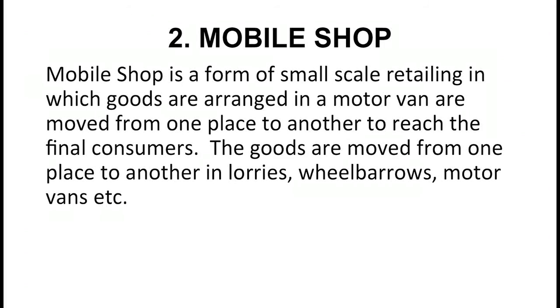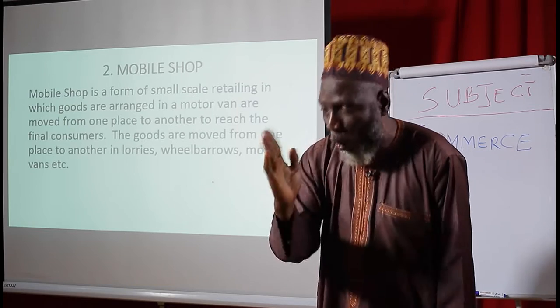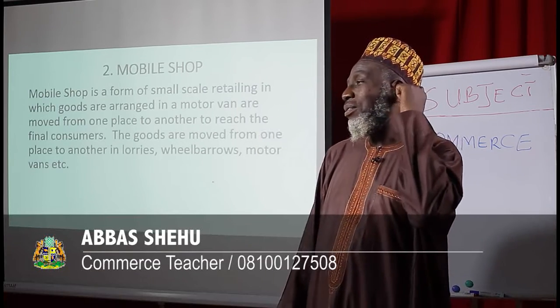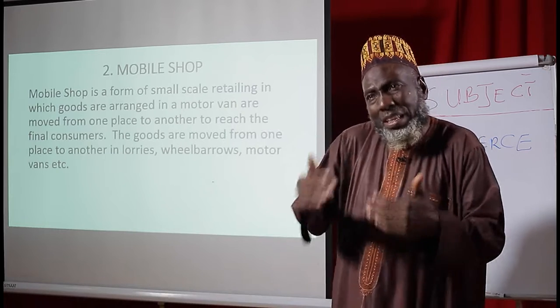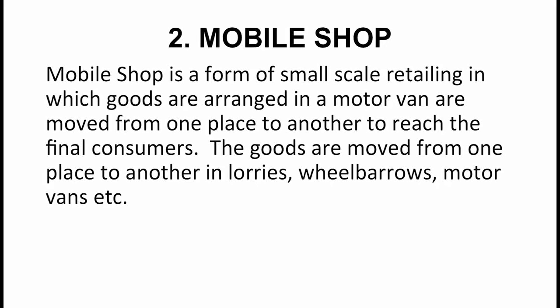Let's go now to the second one, which is known as mobile shop. Number 2, small-scale retailing is mobile shop. Just like we hear, mobile, it is something that has to do with movement too. So a mobile shop is a form of small-scale retailing in which goods are arranged, but this time around, in a motor van.